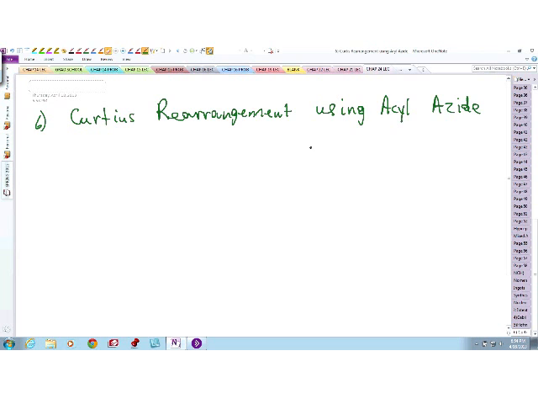Now, what will acyl azide look like? We have an acyl group attached to azide. What will it look like? Acyl attached to azide, right?